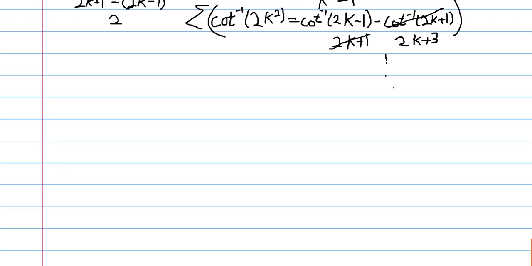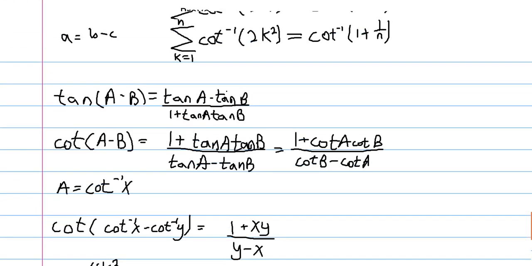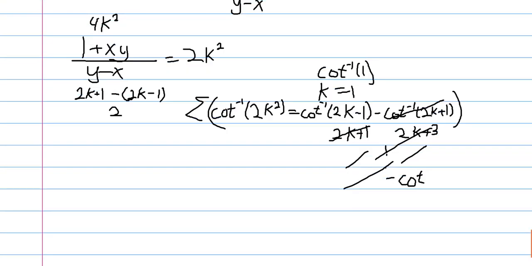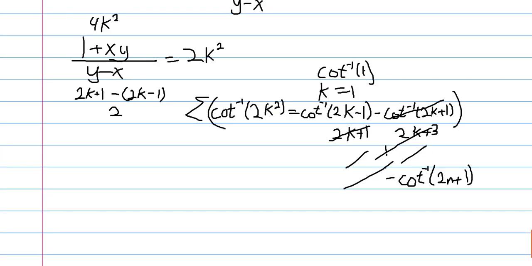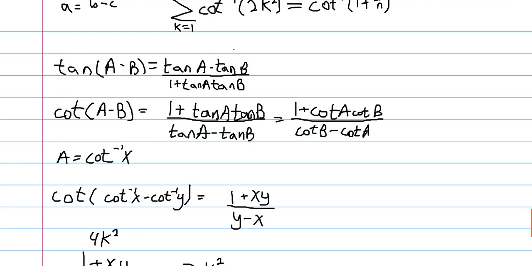Then everything will have canceled except for the last negative term when k is equal to n, and we get the cotangent inverse of 2n plus 1. So now, this has all telescoped, as we would say, to the cotangent inverse of 1 minus the cotangent inverse of 2n plus 1.